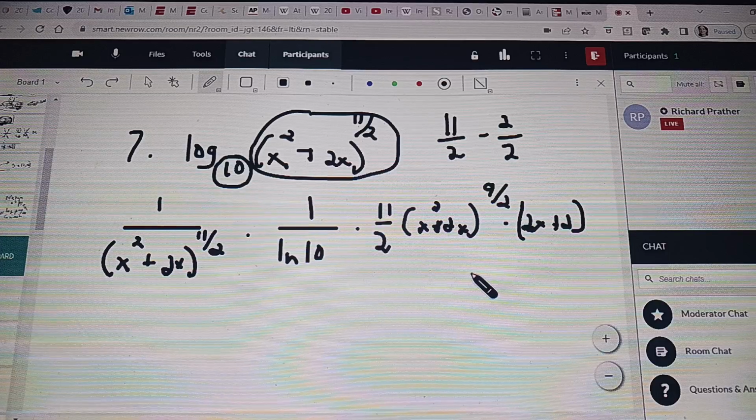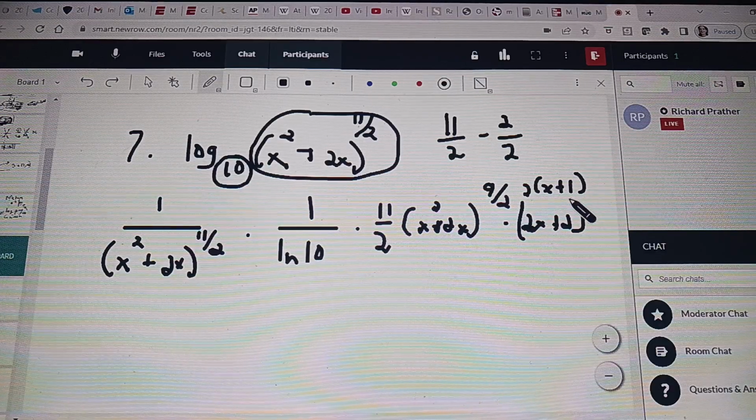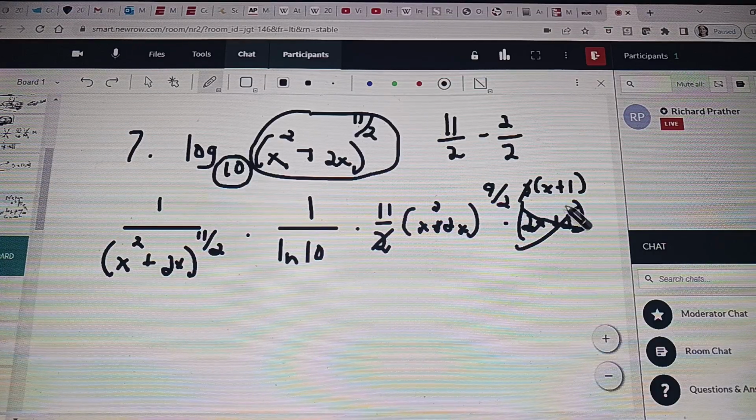Okay, so now one thing I'm looking at is I was thinking, should I factor out a 2 here? You don't have to, but I noticed that if you did, since there's no plus or minus here or there, then you could cancel those 2's at least. So all that's left in the top is this x plus 1 and this 11.